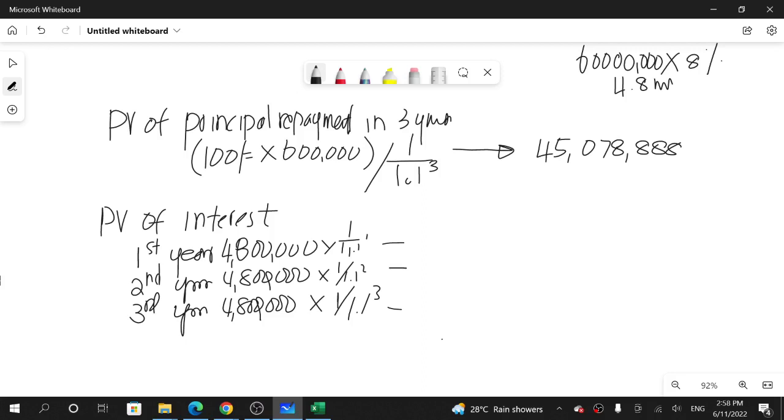Get these cash flows and take the present value of these cash flows. Sorry, not 7 million.